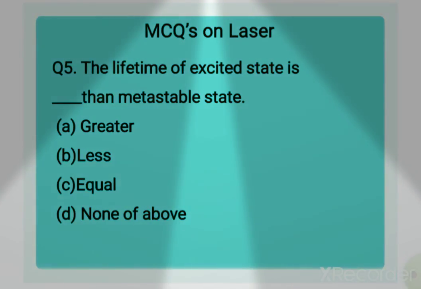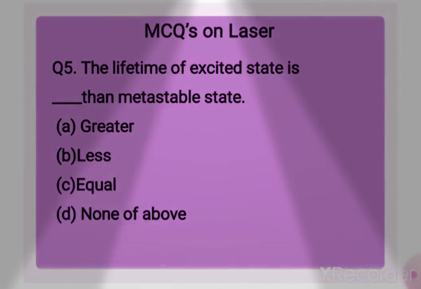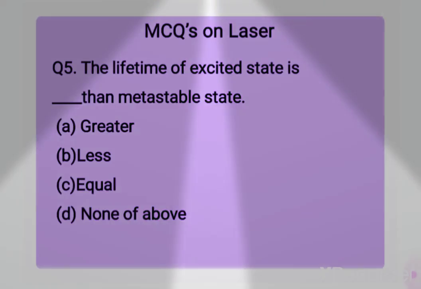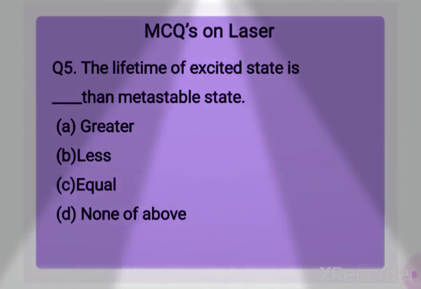Question 5 is: the lifetime of the excited state is dash than the metastable state. As we know, the lifetime of the excited state is very short, therefore the atoms spontaneously jump to the metastable state and accumulate there for a longer time, so that the population inversion condition is achieved.